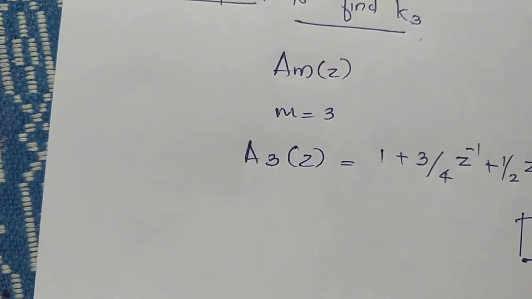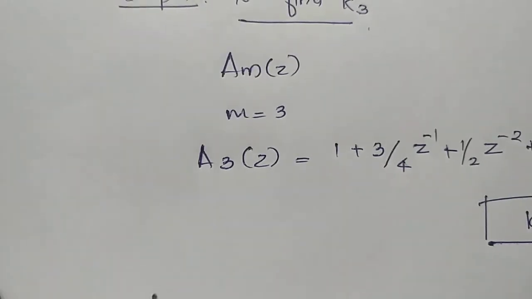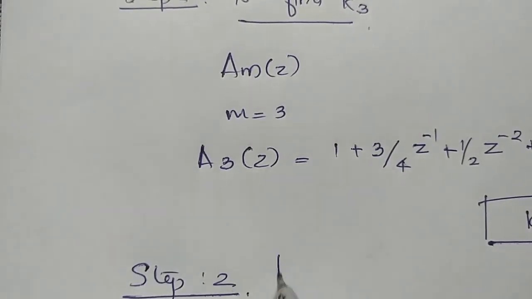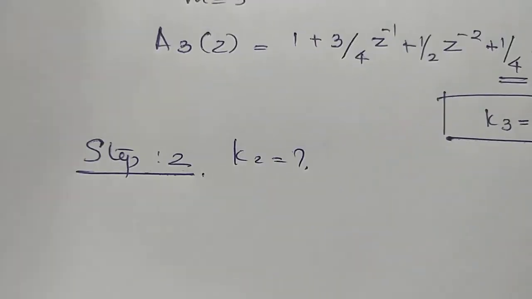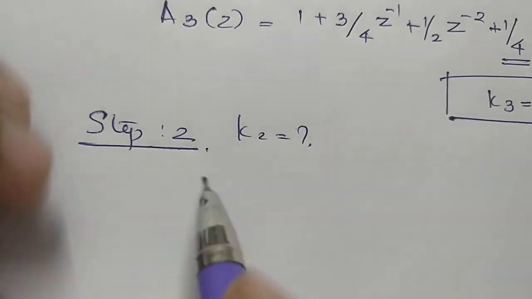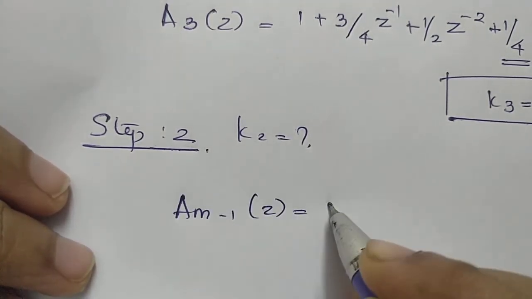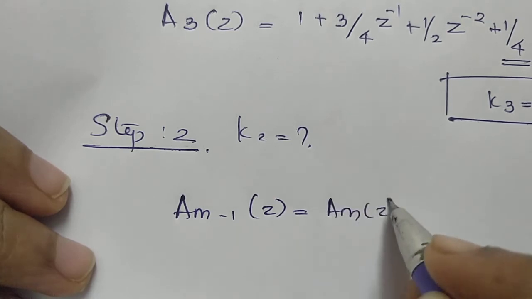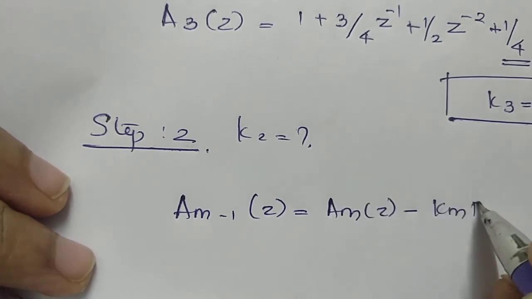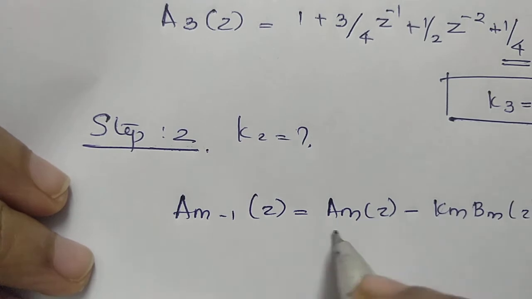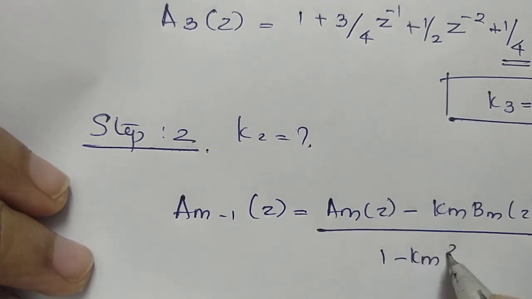The next step, step 2, is we need to find the value of k2. For finding the value of k2, first I am writing the general equation: A_{m-1}(z) = [A_m(z) - k_m B_m(z)] / (1 - k_m^2).